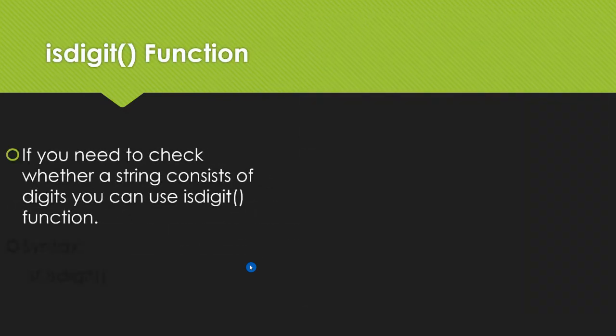Next we are going to see the isdigit function. This function checks whether a string consists of digits or not. The syntax is string.isdigit(), open and close bracket. Here st is nothing but a variable. In the previous example we used a as a variable, here we are using st. So variable.isdigit().